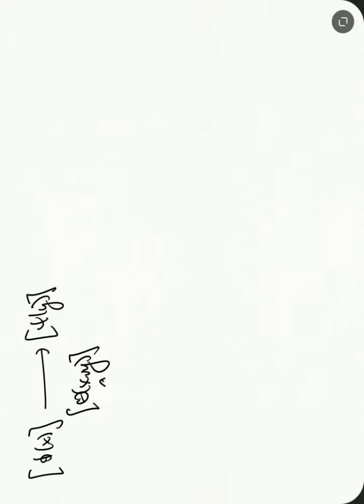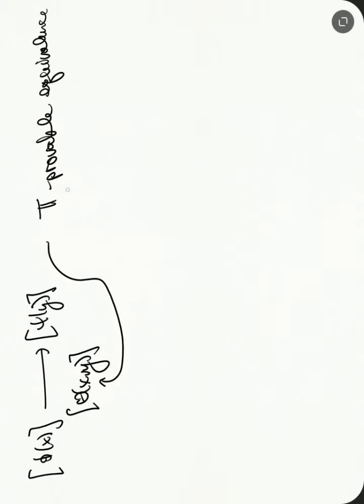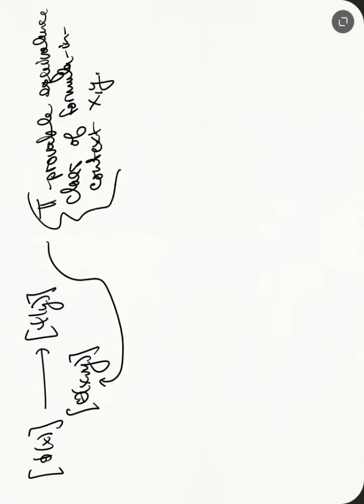This is what we can call a T-provable equivalence class of formula in context x, y. Okay, and what does this mean?